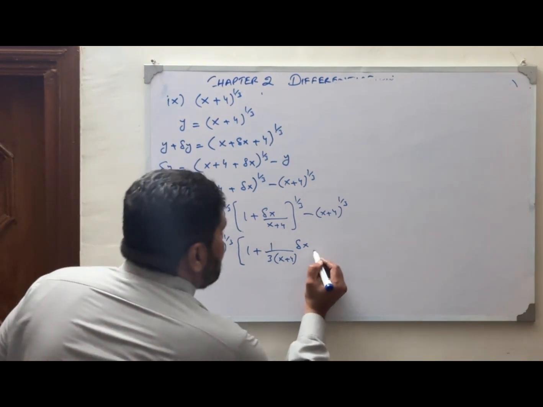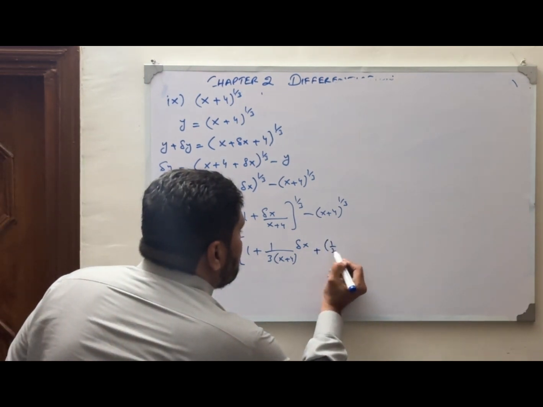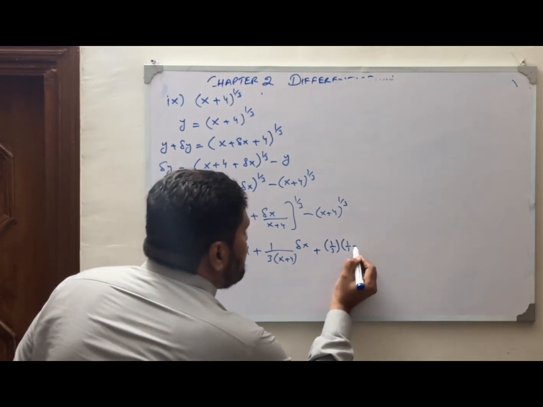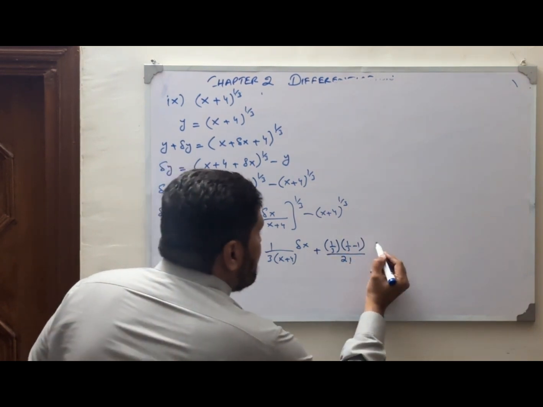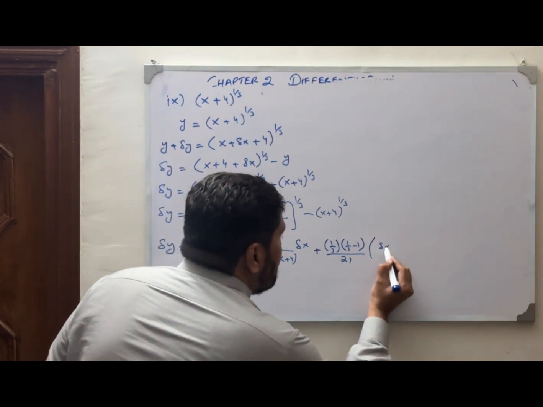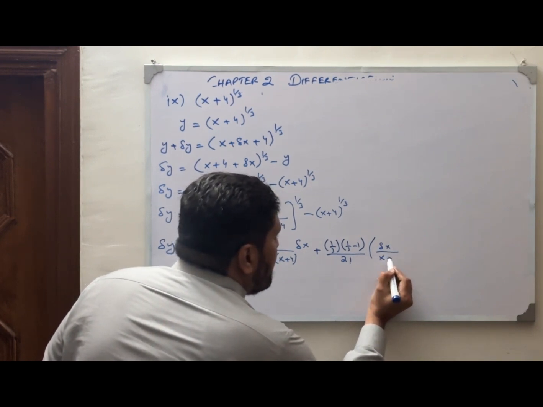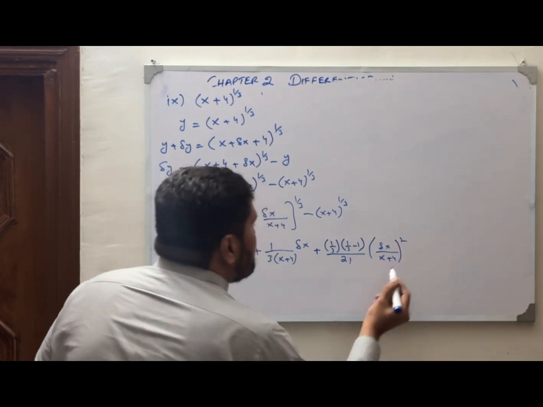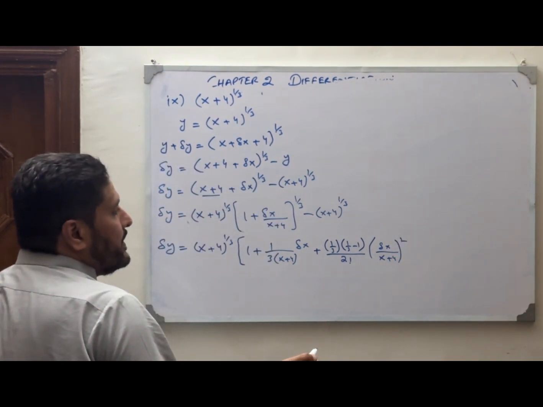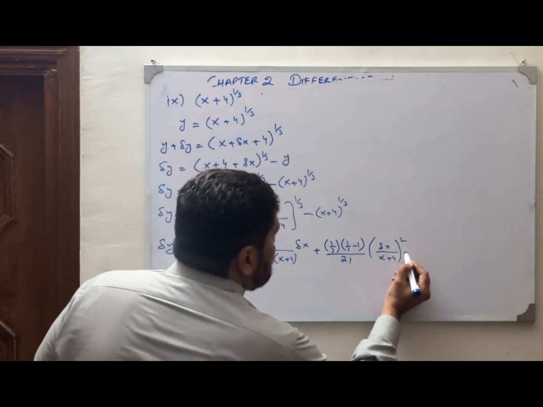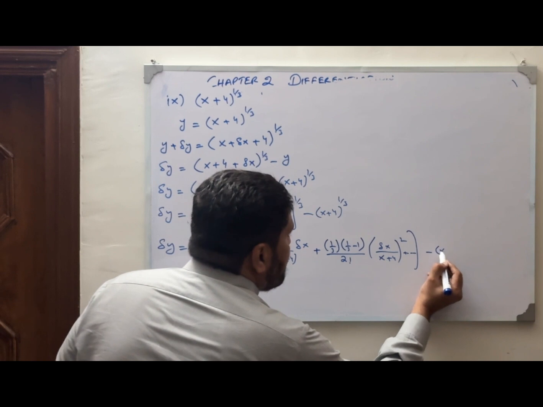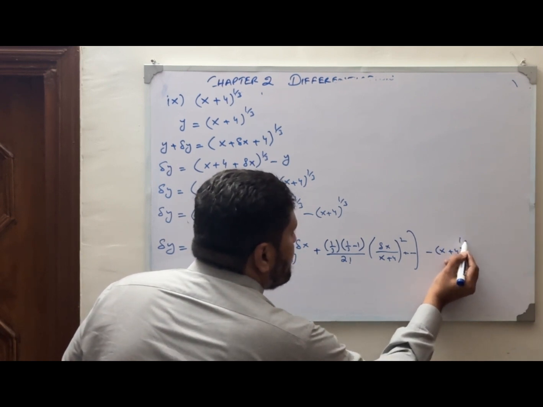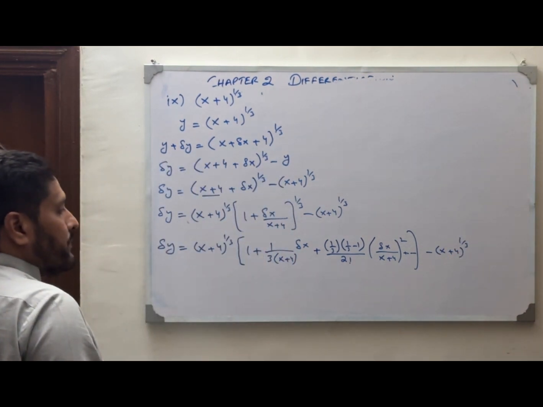Then the second term plus n, 1 by 3 into n minus 1, (1 by 3 minus 1) whole divided by 2 factorial, and then the second term delta x by (x plus 4) whole square, and plus so on, the remaining terms, and then at the end we have to write minus (x plus 4) power 1 by 3.